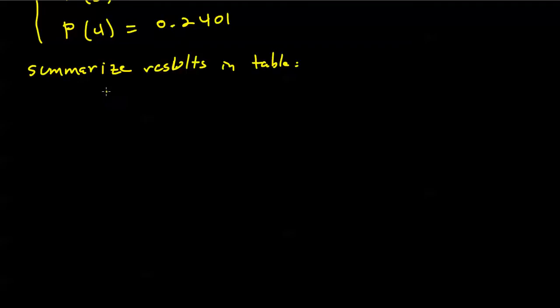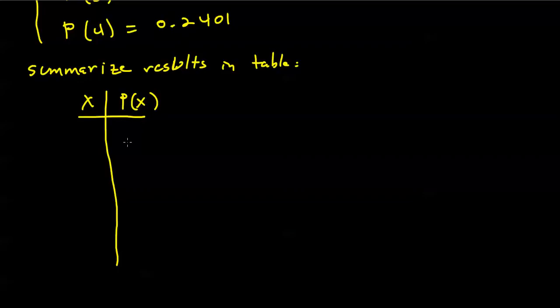I'll do it like this, the best I can freehand here. Remember, x is the number of boys in 4 births, so x can take on 5 possible values from 0 all the way to 4. And let me take a minute to copy these down again.